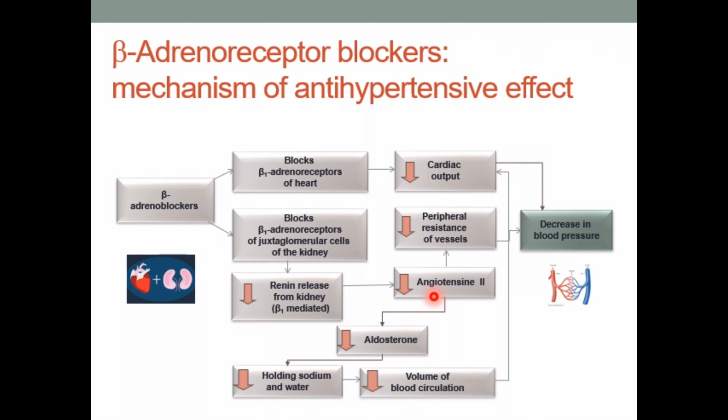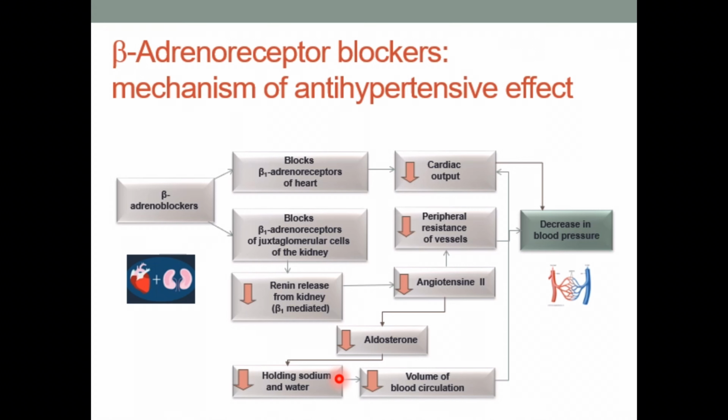Again, the AT2 is also responsible for the secretion of aldosterone. Aldosterone is responsible for holding the salt and water. I mean, it reabsorbs sodium, and when sodium is reabsorbed, the water will follow.